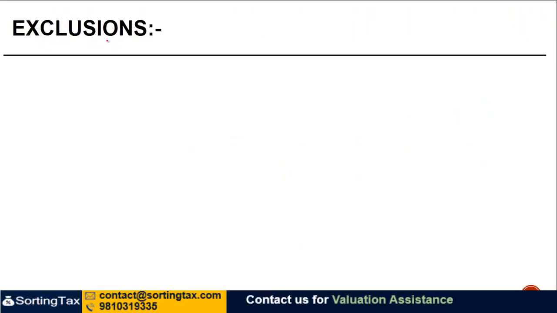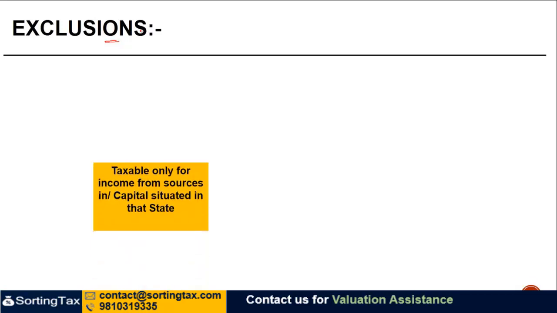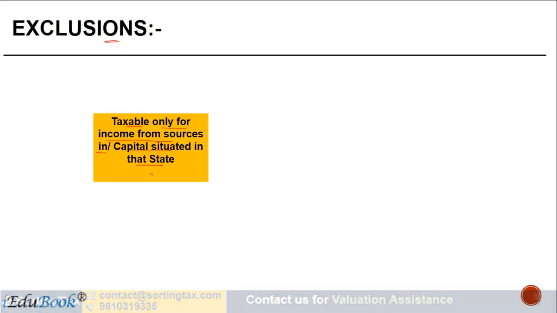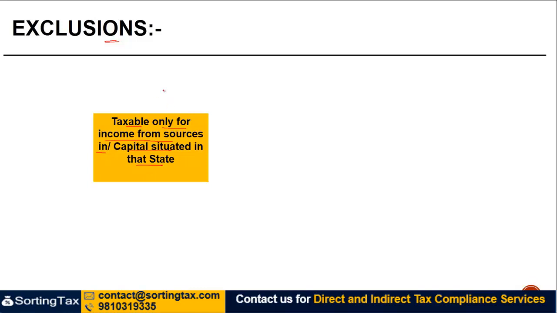Now coming to certain exclusions, which means certain people who are not considered as liable to tax and therefore are not entitled to the benefit of the treaty. That is, a person who is taxable only for income from sources in, or capital situated in, that state. If you are taxable only for sourced income, then you are not considered a resident of that state.